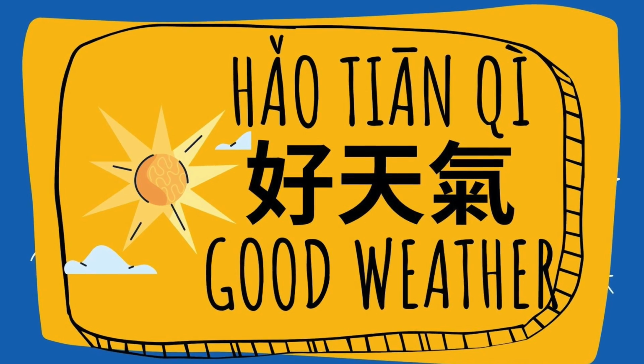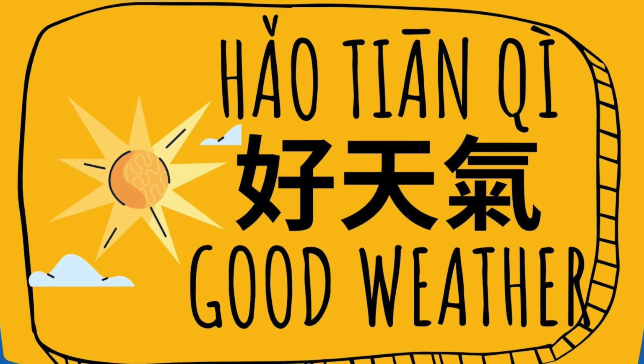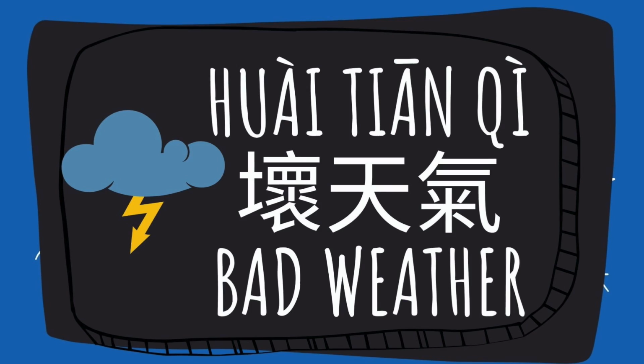Wish you well. So 好 means good. Good weather is 好天氣. So the word for bad is 壞. So a bad weather day is going to be 壞天氣.